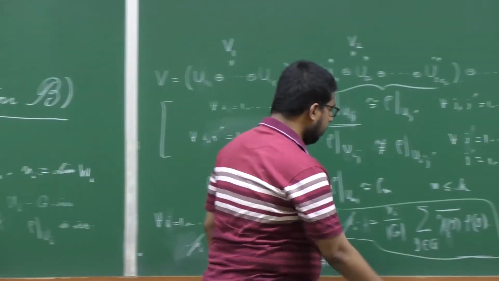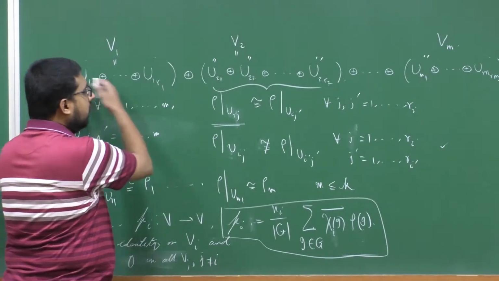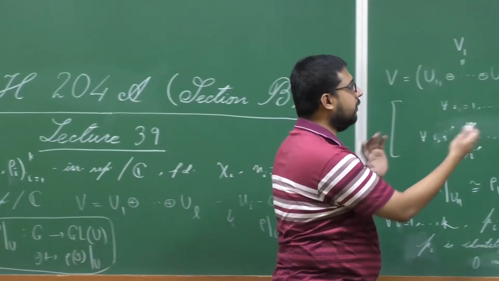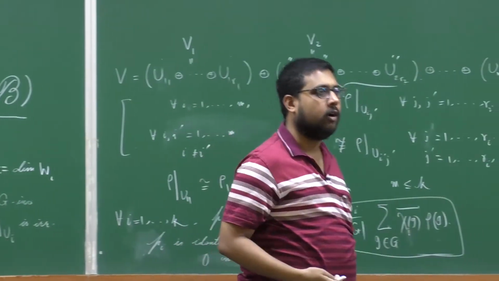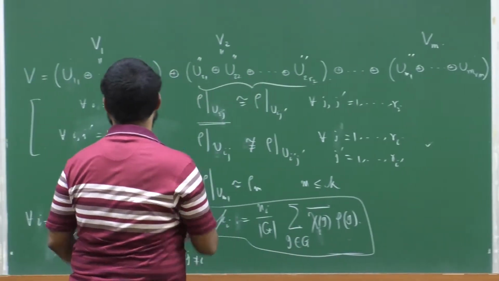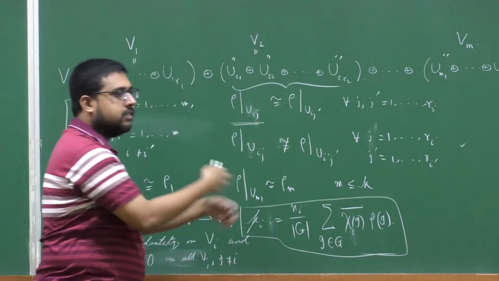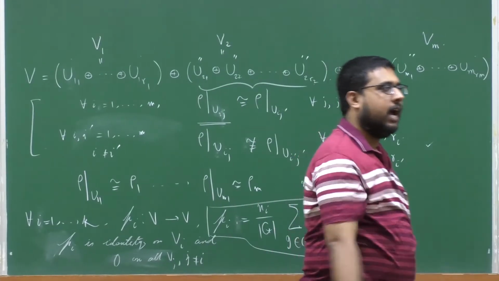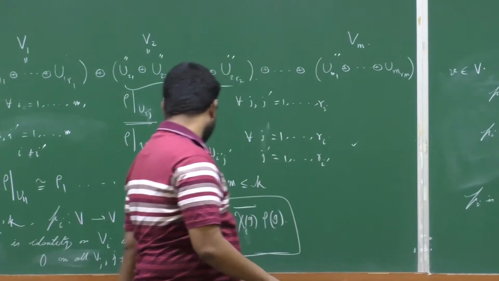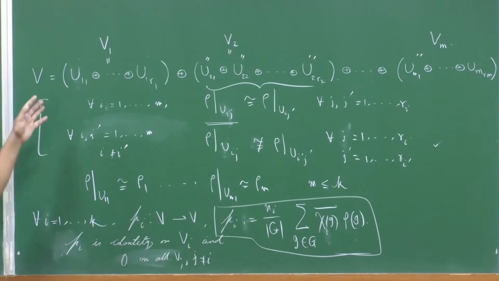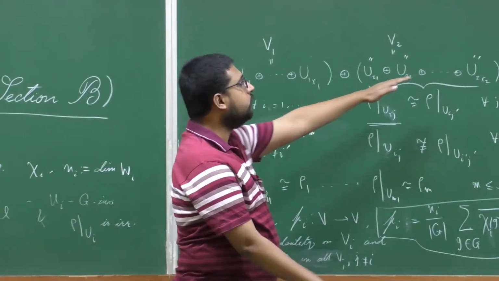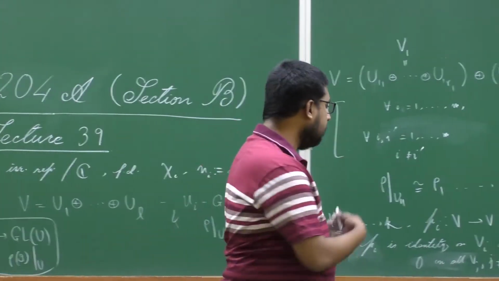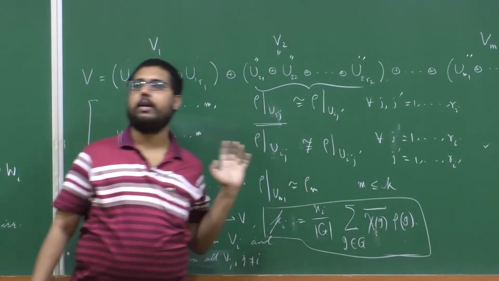So in other words, if another person starts with a different decomposition and then clubs together all the isomorphic copies and forms the Vi's out of each of the clusters that he has obtained at the previous stage, then he will also obtain that his Vi's are going to be the images of these projection operators.